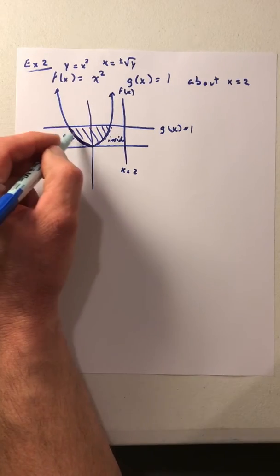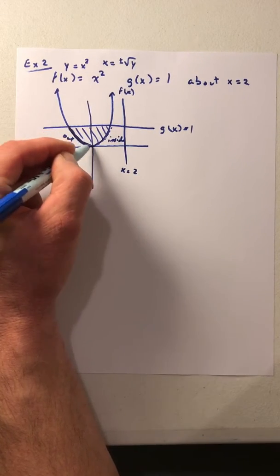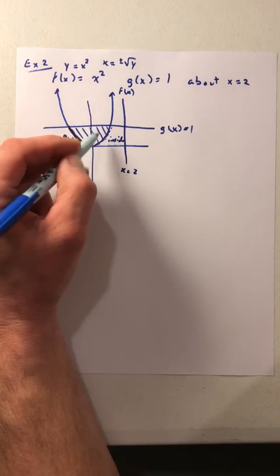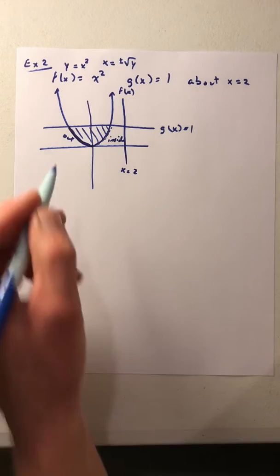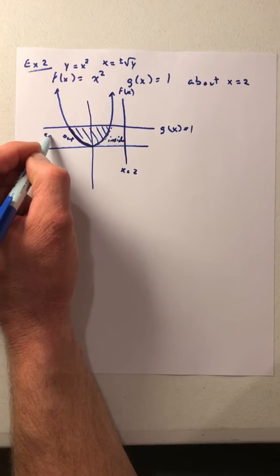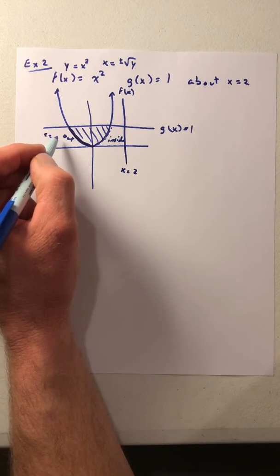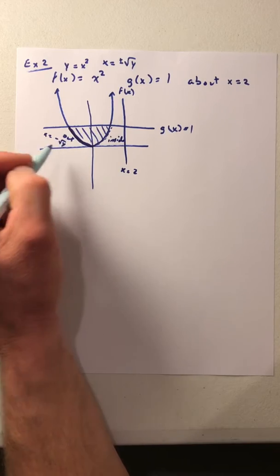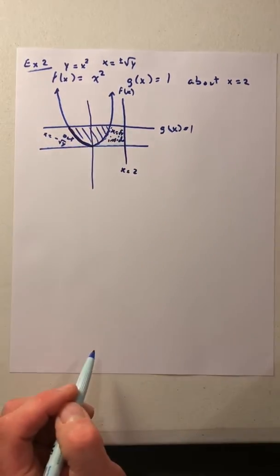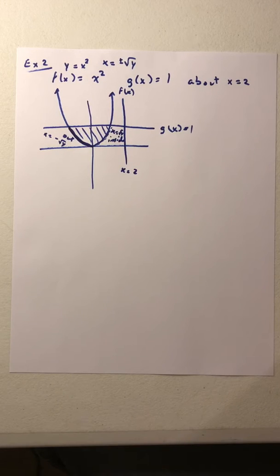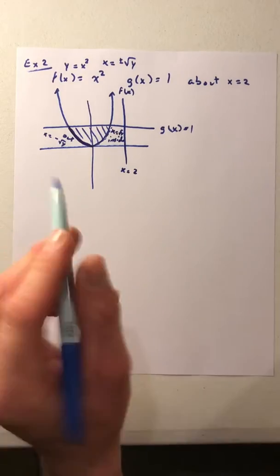Well, we know that this part here is the negative part, and this here is going to be the positive part. So here we're going to have x equals the negative square root of y, and here x is going to equal the positive square root of y. Again, it's not going to be a major issue with this as we go in squaring it out.